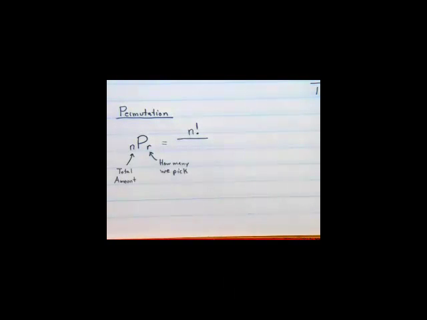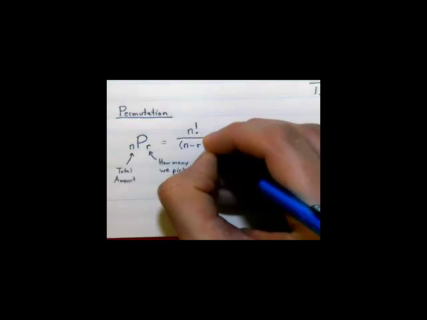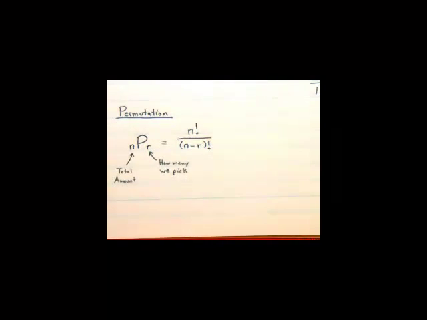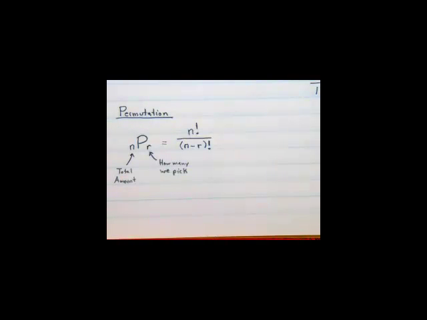N minus r, factorial, though, right? So on the bottom, it was the n minus the r factorial. That's the formula for a permutation, okay? So if I have lots and lots, I don't need to sit here and try and multiply it all out by hand. I can follow that little formula and do it, okay?